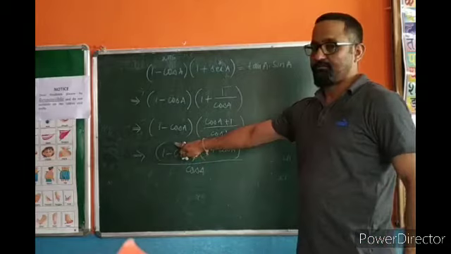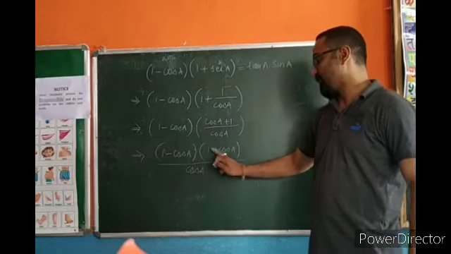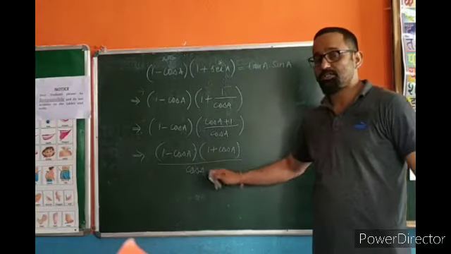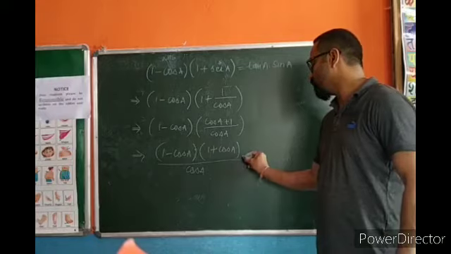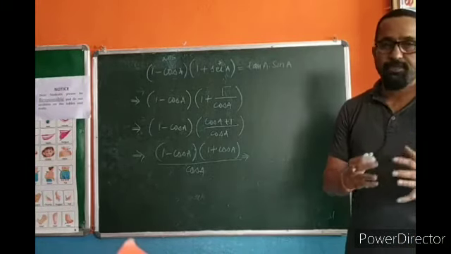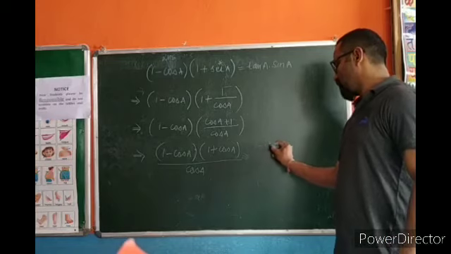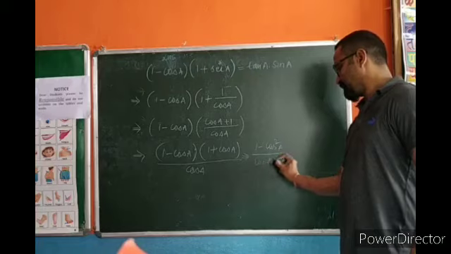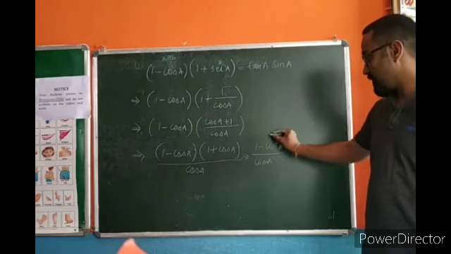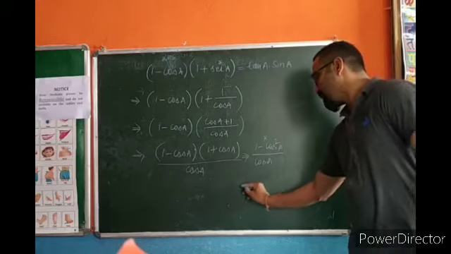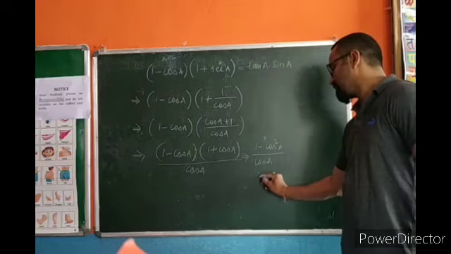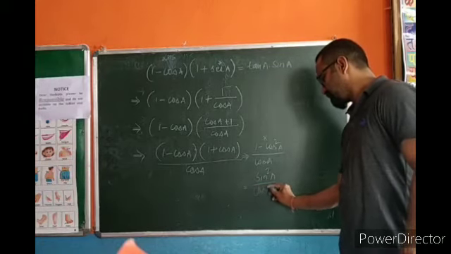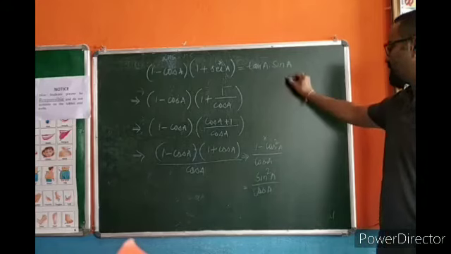A minus B based on the formula, 1 minus cos A, 1 plus cos A. If you see similar terms with minus and plus, use the algebraic formula, 1 minus cos square A divides by cos A. And after this, the identity: 1 minus cos square A can be written as sin square A divides by cos A. Now look at the proving part.